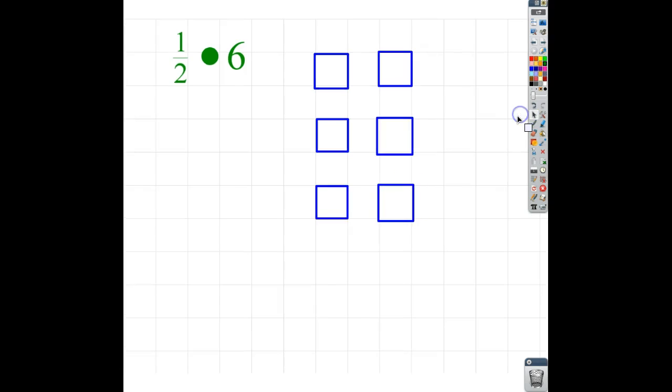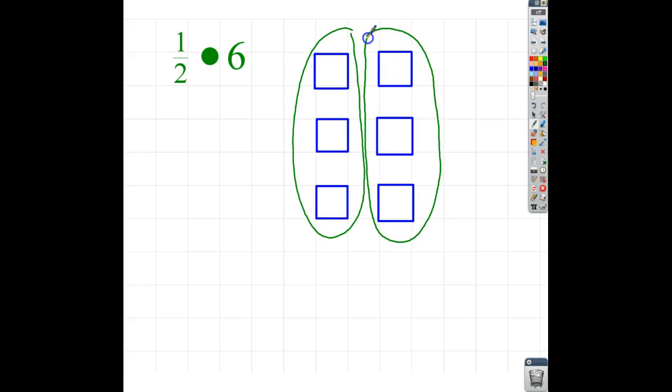I'm going to take 6, break it into 2 groups, and keep one of them. I get 1 out of those 2 groups of the original, so I would end up with 3 wholes. This is how we can use a fraction with a whole number.